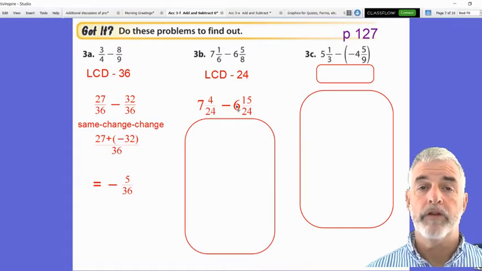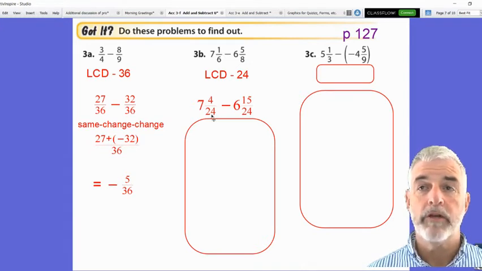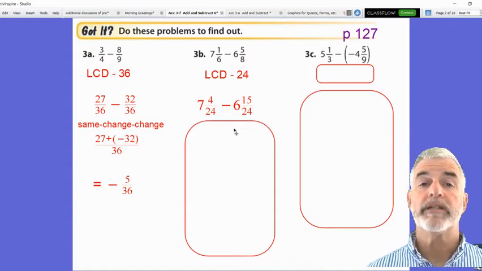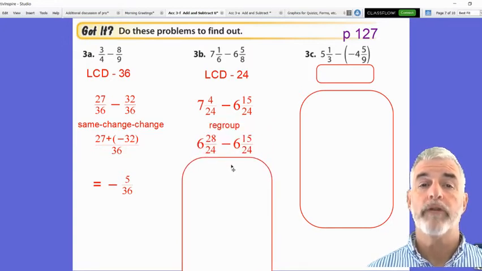All right, so now here's my subtraction, and I see that this fraction is smaller than this fraction, so I have to regroup. 7 and 4/24 regroups to 6 and 28/24. Take away a whole here and add 24 here.